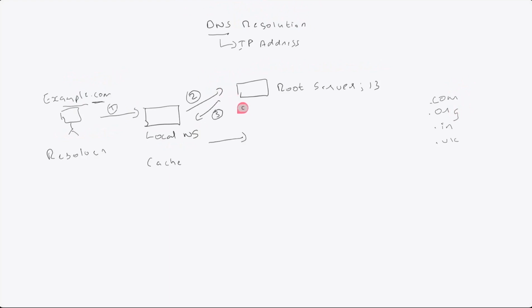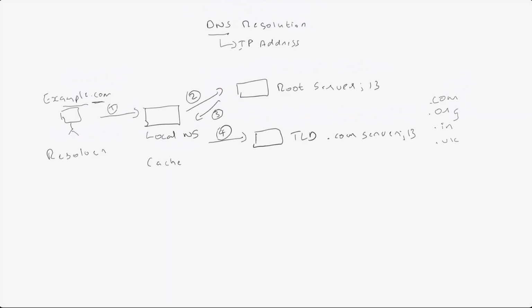In step 4, the local name server is going to look at that list and send the DNS query to one of the top level domain .com servers. Much like root servers, I believe we have about 13 .com servers that are geographically distributed all over the globe.